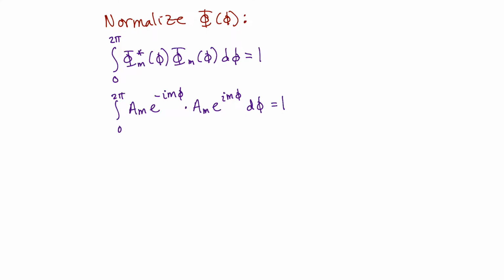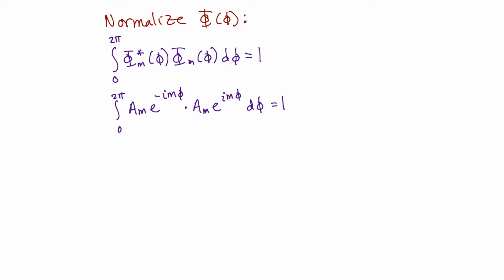Here's where you would get in trouble if you did not pay attention to your complex conjugate. If you went on autopilot and just put in your same function, life is not going to work out very nicely for you right now. What is nice about this is, remember for our exponential functions, we just want to add up the exponents when we multiply them together.